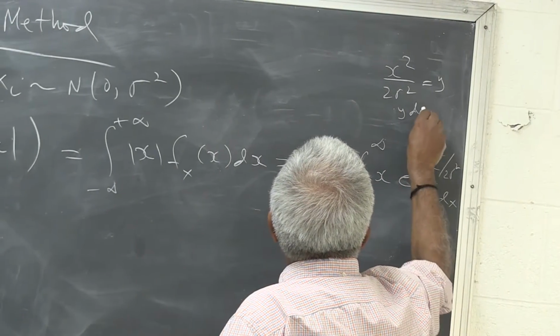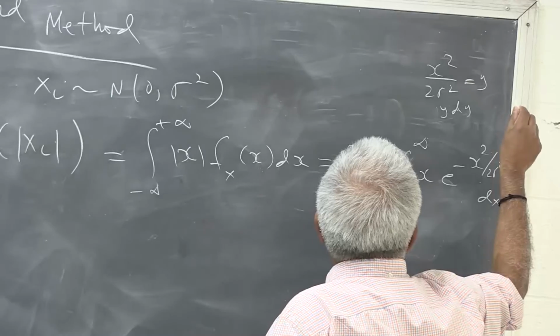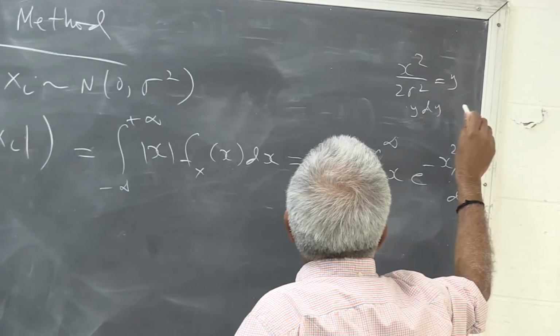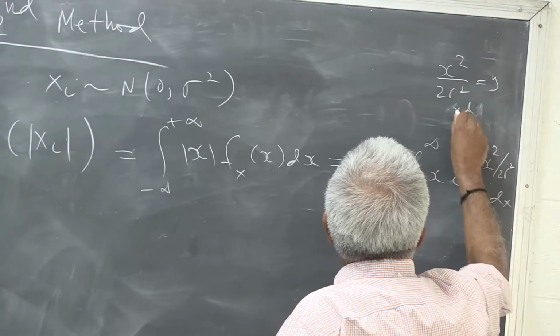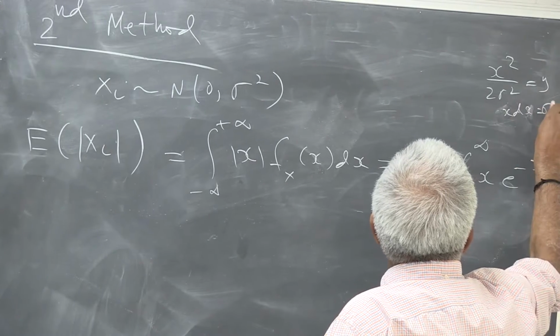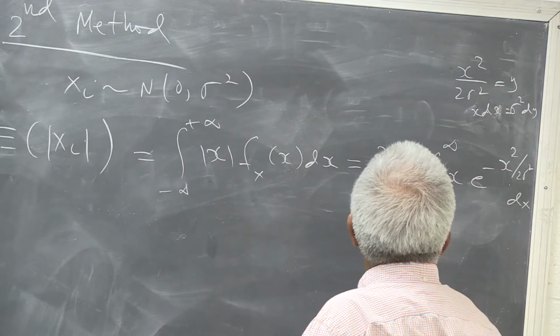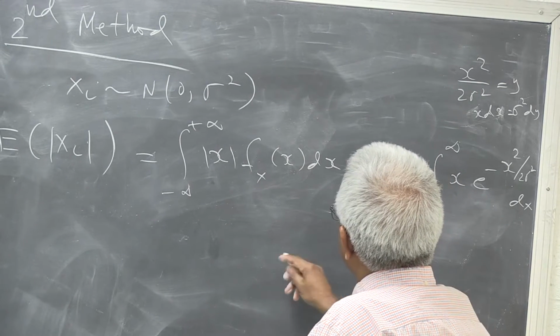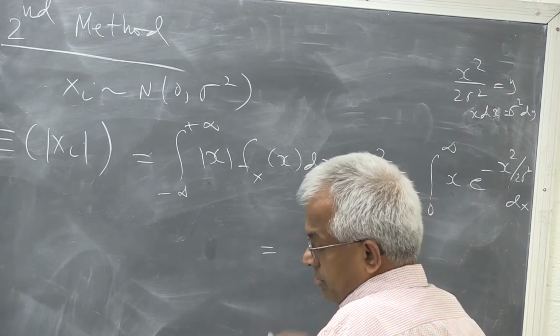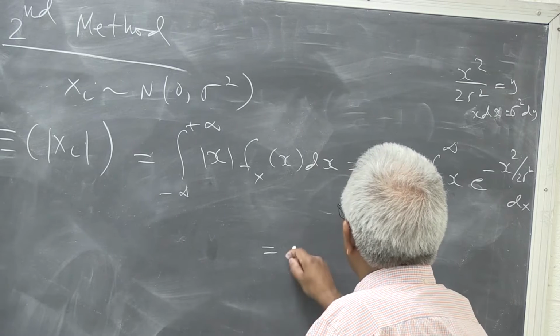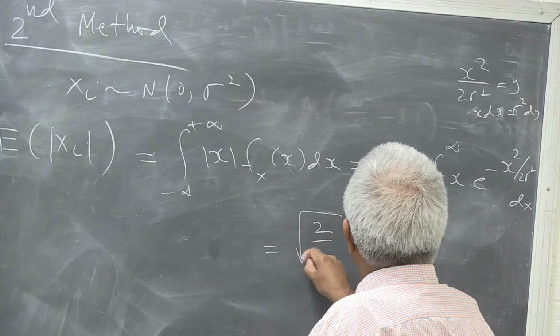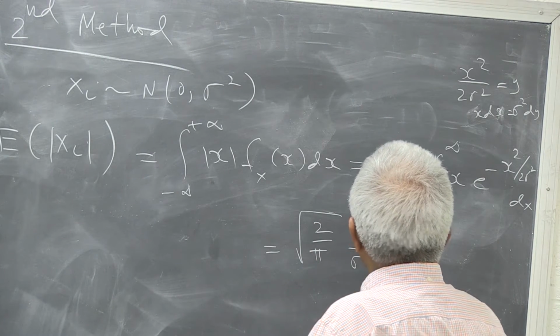And of course, if I define x squared over 2 sigma squared to be y, you have x dx equal to sigma squared dy, right? 2x dx, the 2 cancels. So we have x dx here. So this is square root of 2 over pi, 1 over sigma.